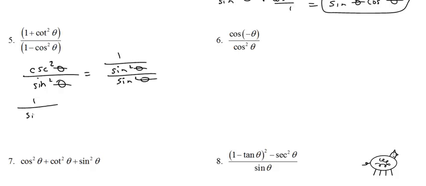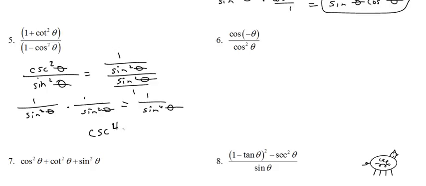It's 1 over sine squared of theta times the reciprocal, so 1 over sine squared of theta. That's 1 over sine to the 4th of theta. And the reciprocal function is just going to be cosecant to the 4th of theta. That's the answer to that problem.